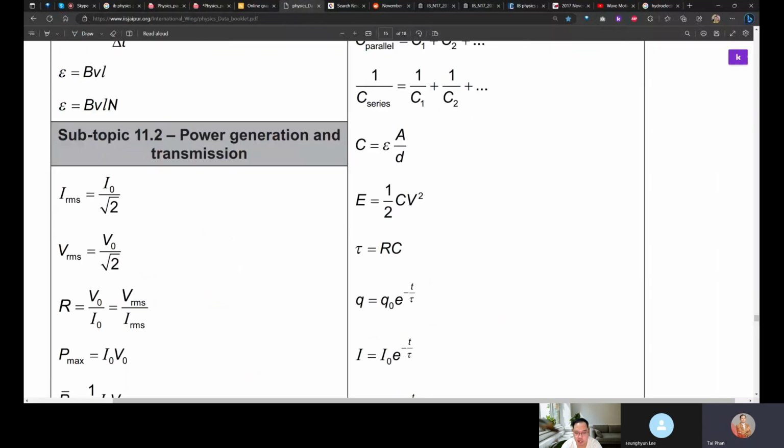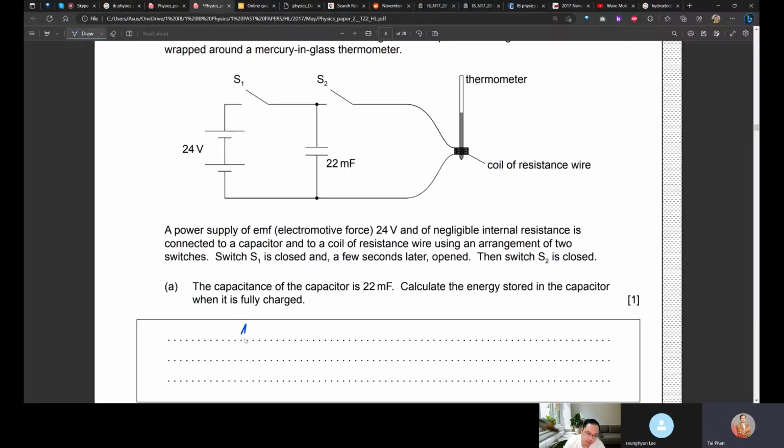Energy. Okay, here 1/2 CV squared. Yeah, 1 mark for 1/2 CV squared. Like kinetic energy 1/2 mv squared, huh? C is 22 microfarad multiplied by 10 to the negative 6. And then the voltage is 24, equal to the maximum EMF, assuming that the time is long enough to fully charge the capacitor to the maximum EMF of 24.